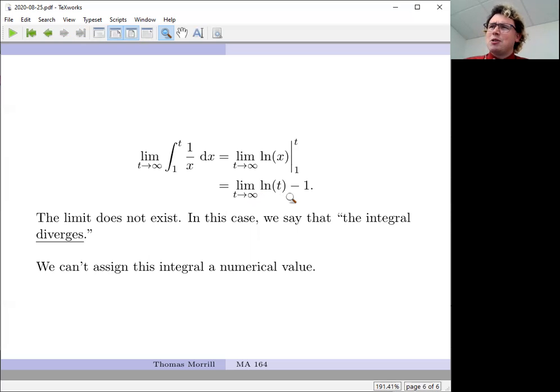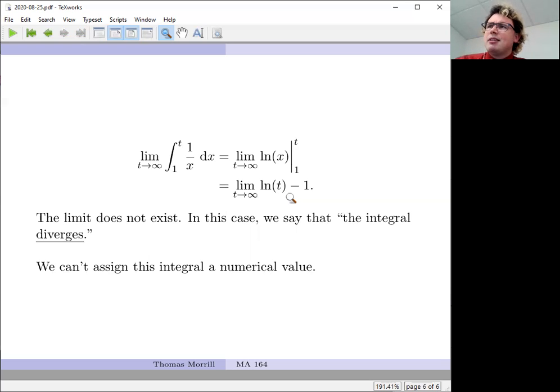But the natural log function increases forever. The natural log function grows without bound. It does that very slowly, but it does eventually surpass any bound I can put on it. There's a point at which the natural log will be larger than 2. There's a point at which the natural log will be larger than 2 million, and it'll keep going.